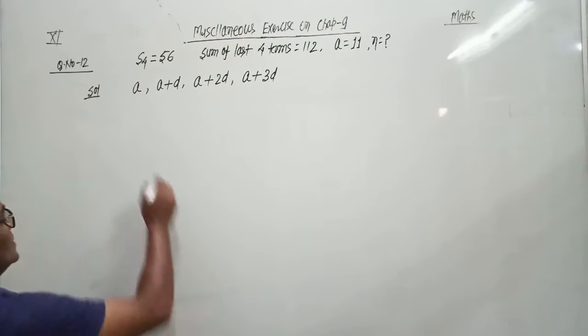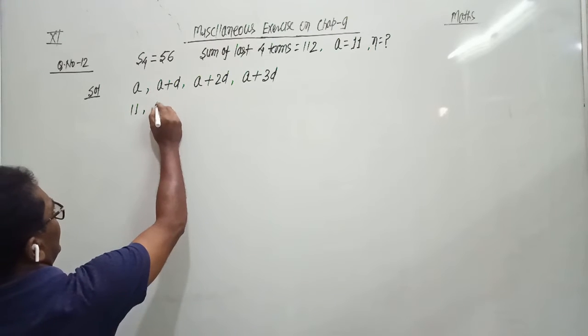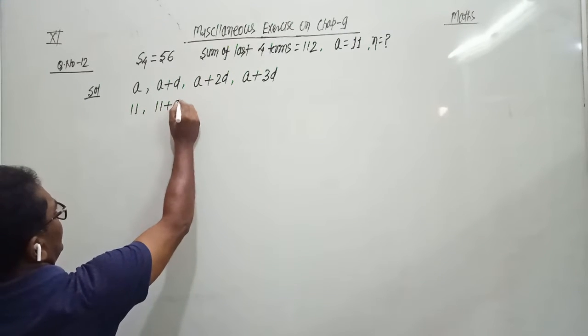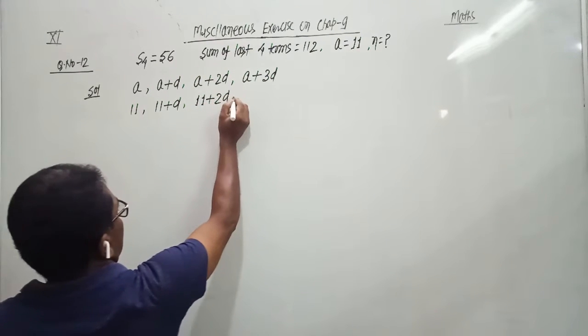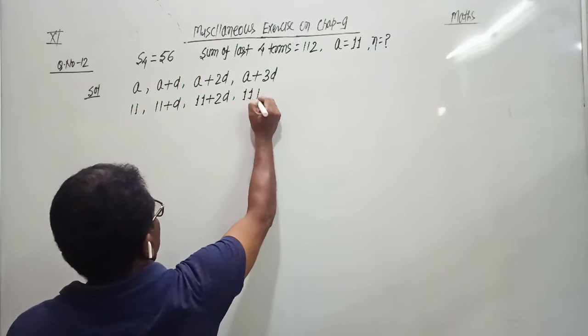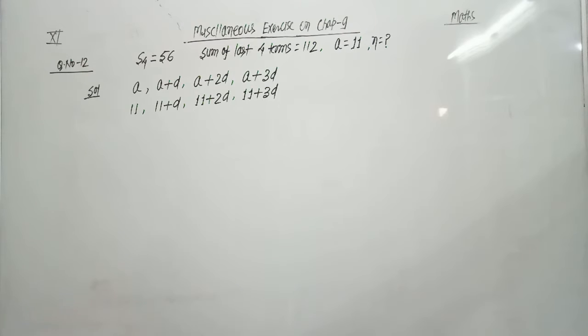So put the value of a. The first four terms will be 11, 11 plus d, 11 plus 2d, and 11 plus 3d.